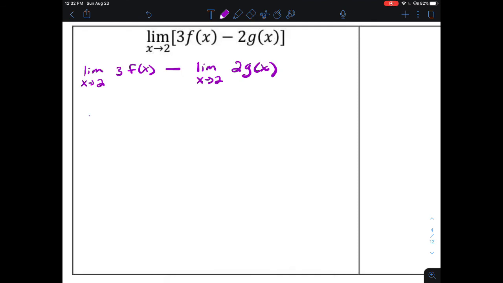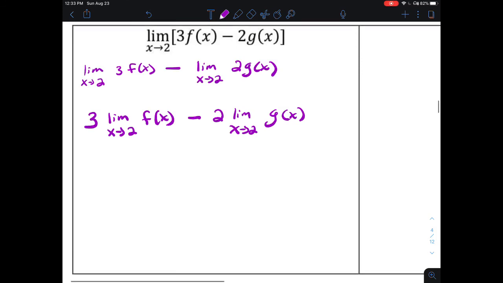And then we have another property of limits that says if you have multiplication by a constant, you could find the limit of the function and then just multiply by the constant on the outside. So I'm going to rewrite the first part as 3 times the limit as x approaches 2 of f of x minus 2 times the limit as x approaches 2 of g of x.